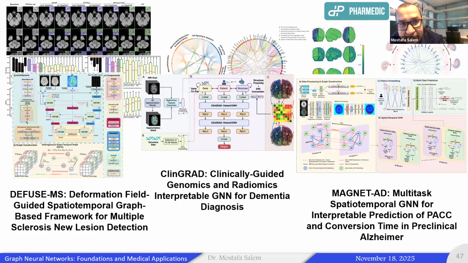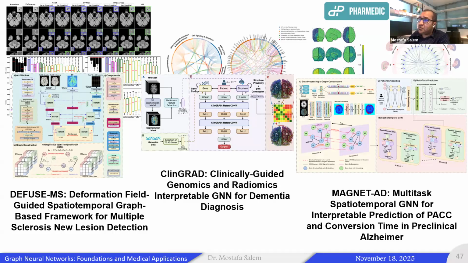I'm sorry, because some of the concepts and the mathematical stuff has to be explained to you if you are not coming from a computer science background or a mathematical background. And I know that most of you are coming from a medical or biomedical background.